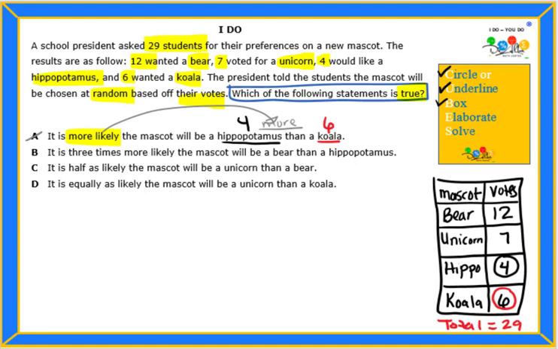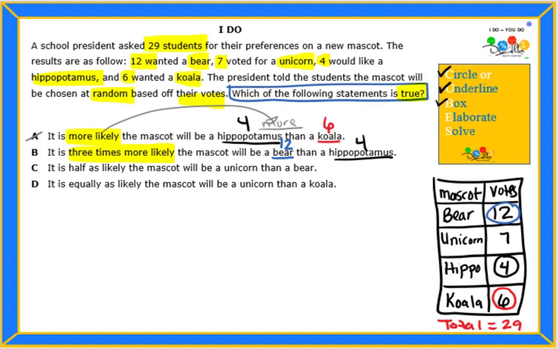Okay, so the next one. It is 3 times more likely the mascot will be a bear than a hippopotamus. So bear, we have 12, and hippopotamus, we have 4.